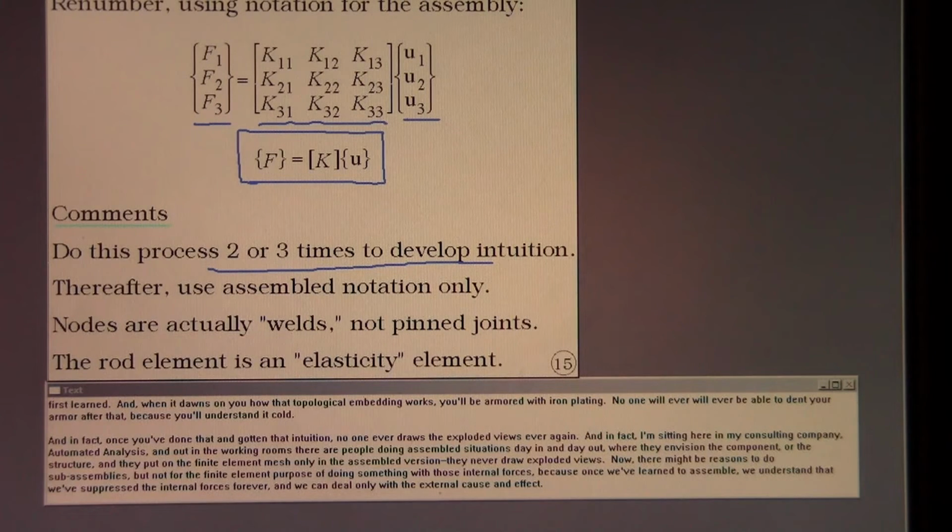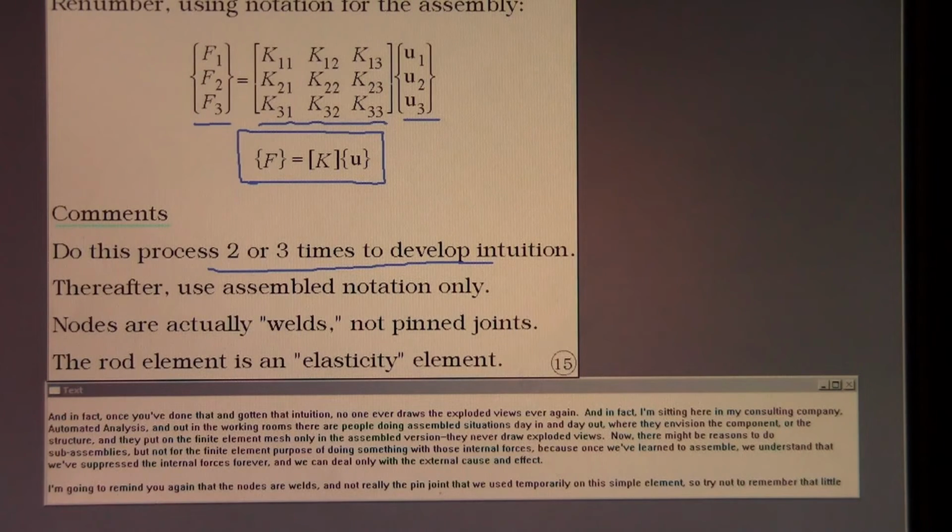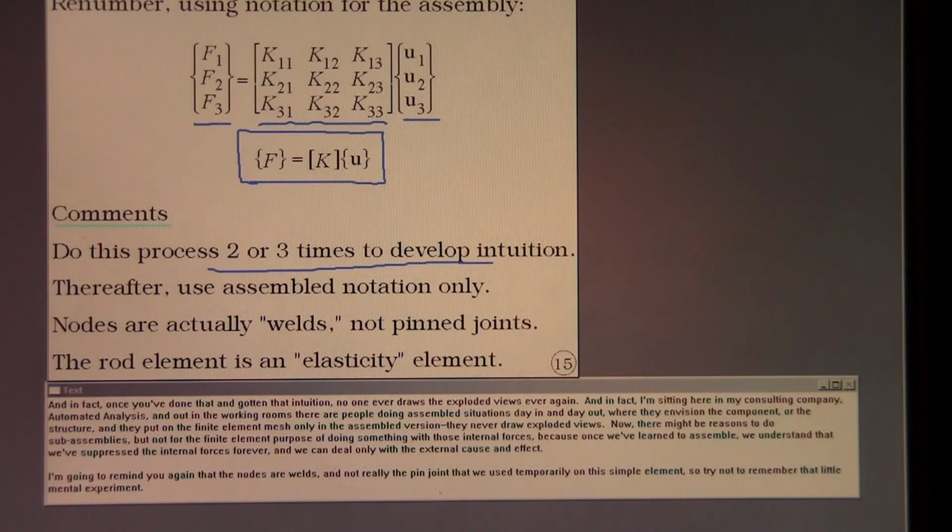And in fact, once you've done that and gotten that intuition, no one ever draws the exploded views again. And in fact, I'm sitting here in my consulting company, Automated Analysis, and out in the working rooms there are people doing assembled situations day in and day out where they envision the component or the structure and they put on the finite element mesh only in the assembled version.